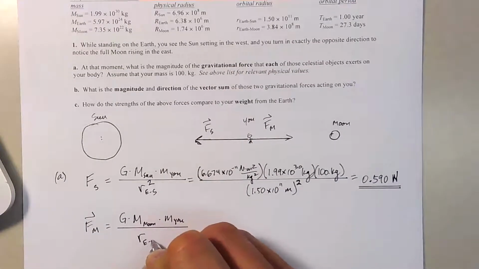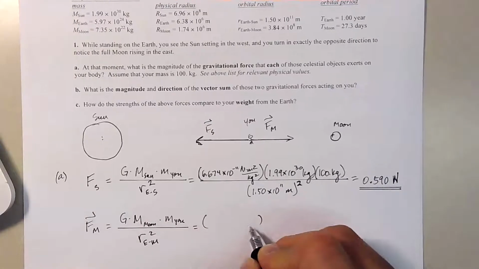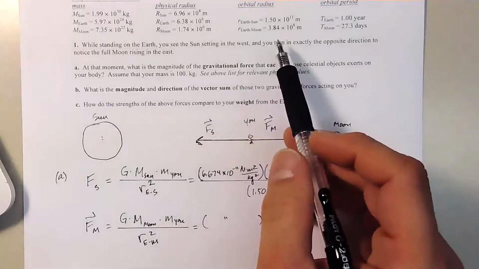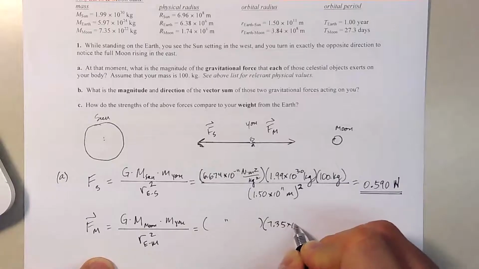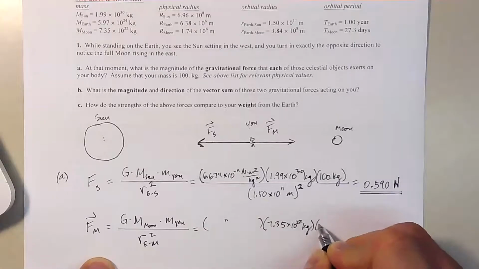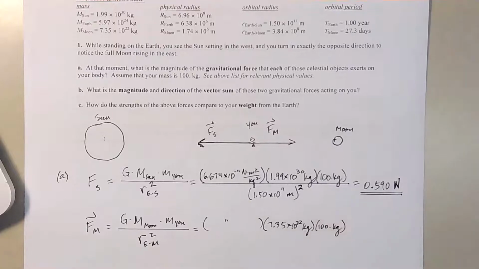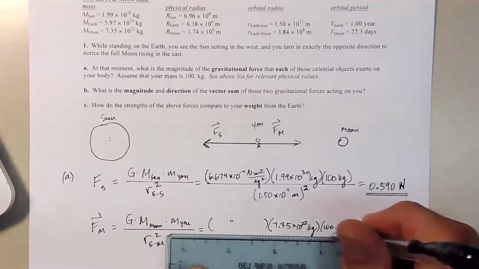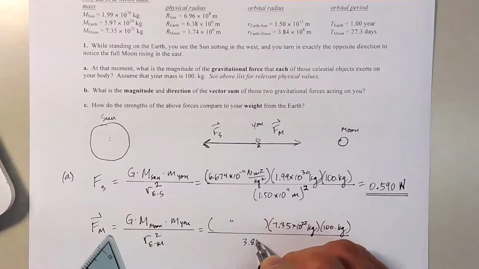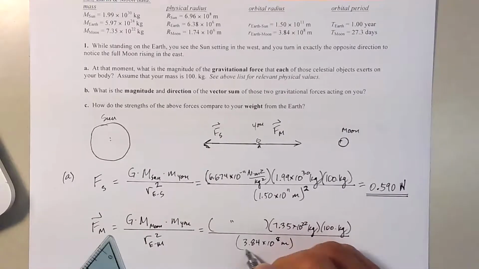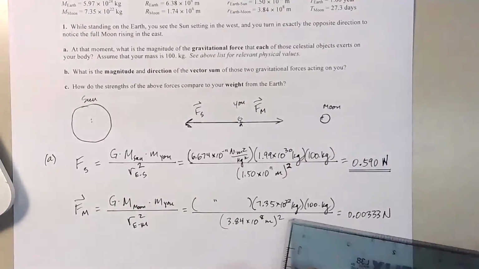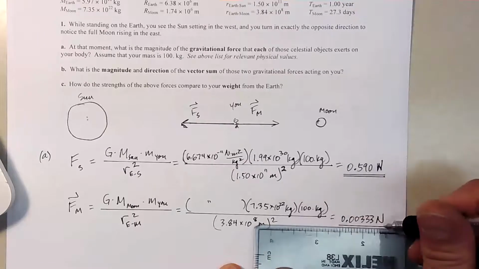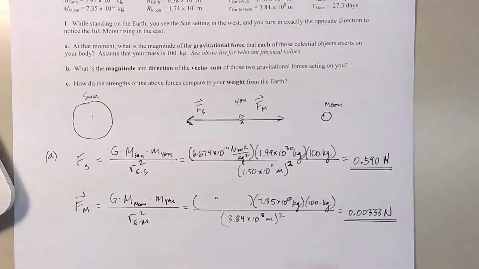As we plug in those values, big G has the same value as before, the mass of the moon, mass of you, and then the Earth-Moon separation. And my calculator tells me that that comes out to be about 0.0033 newtons. So that's about 100 times weaker still than the gravitational force of the sun on you.